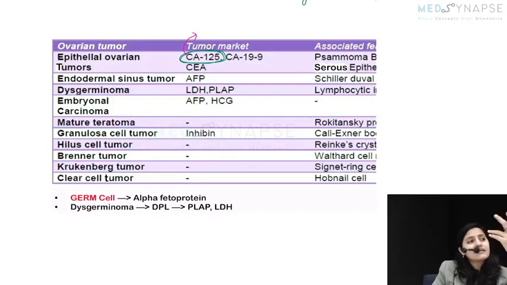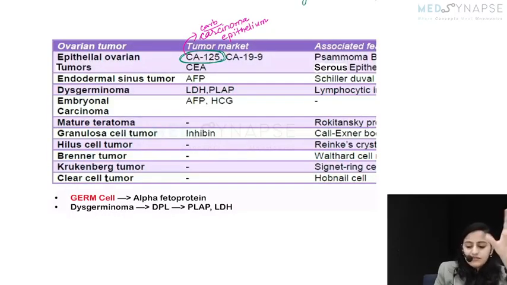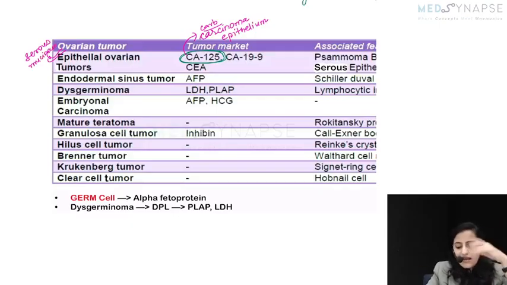When I say CA, actually it's a carbohydrate antigen, but for our mnemonic, we'll remember that it's a carcinoma, which is coming from the epithelium. So CA125 will not be raised in your yolk sac tumor. It will be raised in epithelial ovarian tumors, that is serous, mucinous. CA, carcinoma, epithelium.